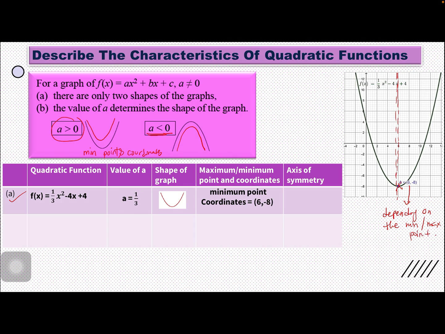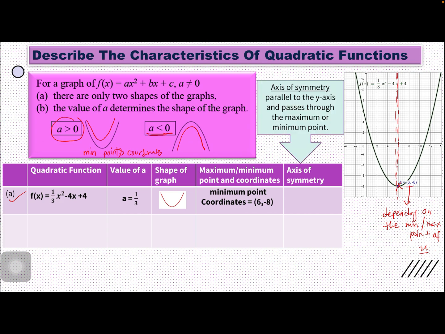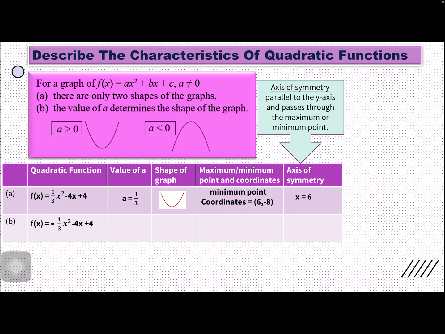So we see that x equals 6. That is the axis of symmetry. So the axis of symmetry is x = 6.